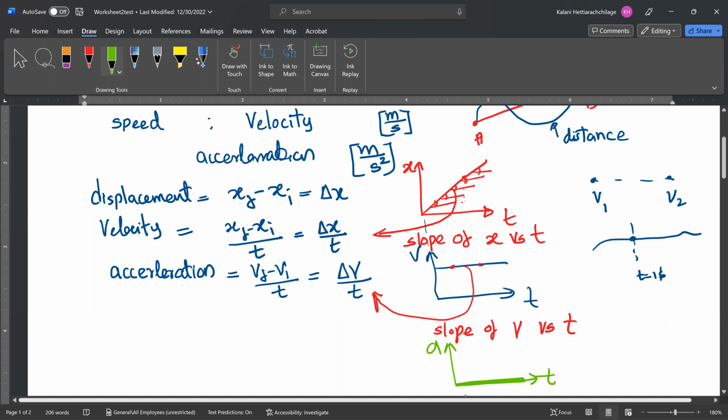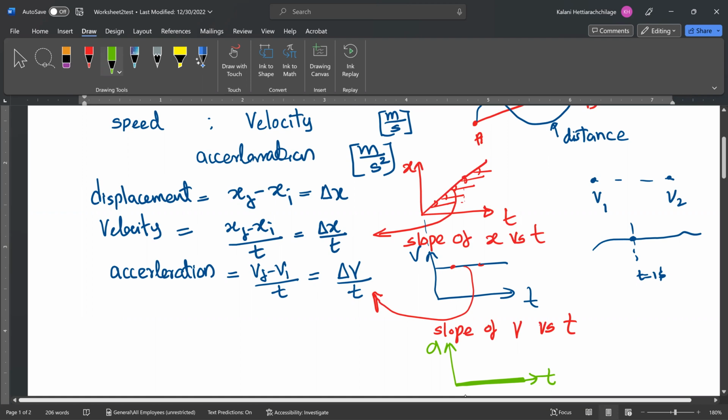Okay. And also you can go backward if you want. If we start from the acceleration, you go to the velocity by taking the area under the curve, right? And then you can go to the displacement by taking the area under the velocity graph.